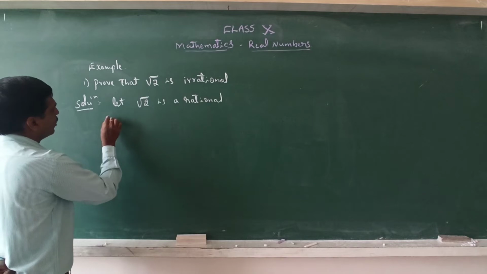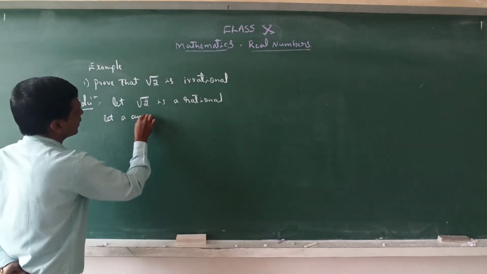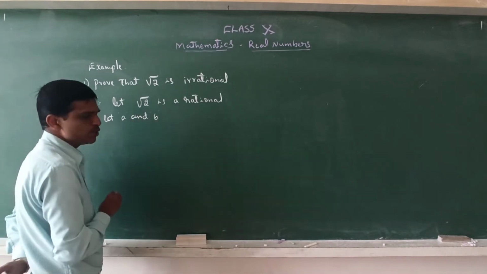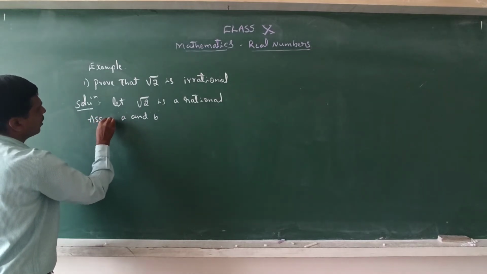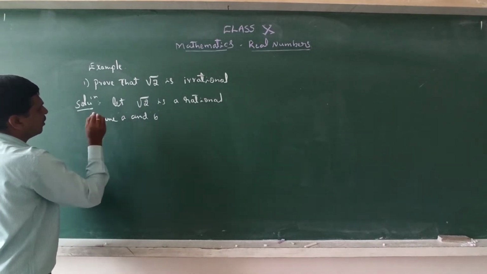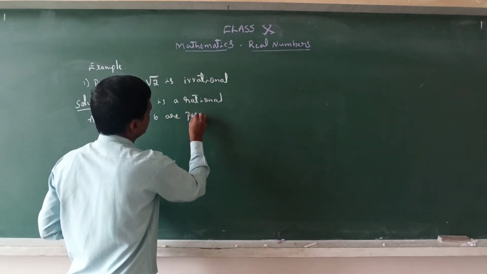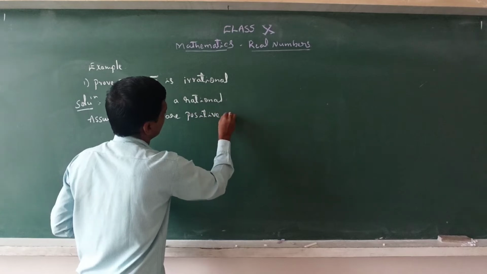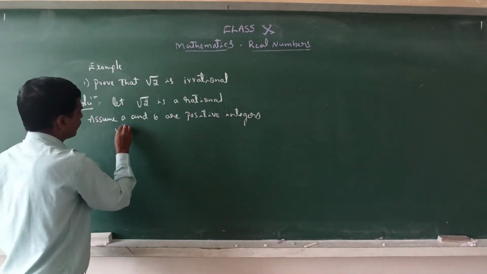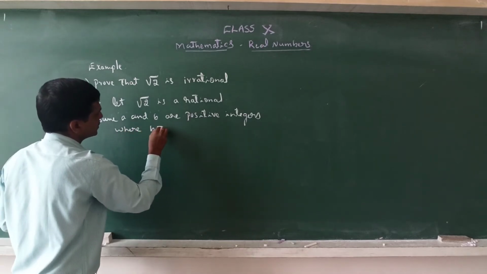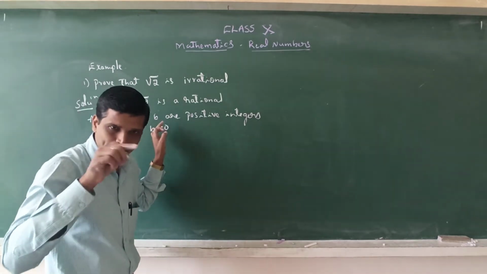So now let a and b be positive integers where b is not equal to 0, because you can express them in the form of p by q.